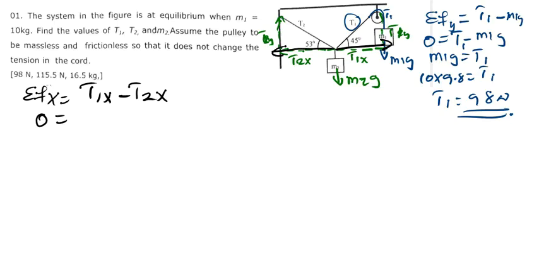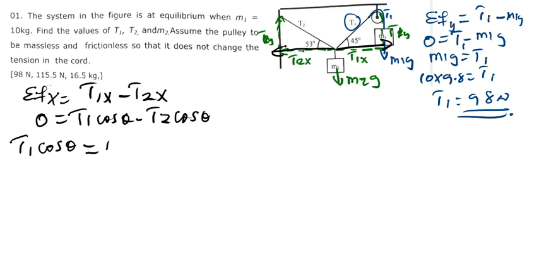So T1x is T1 cos theta minus T2 cos theta. You can shift T1 to the other side or T2 to the other side, it's basically the same thing. So you have T1 cos theta being equal to T2 cos theta.